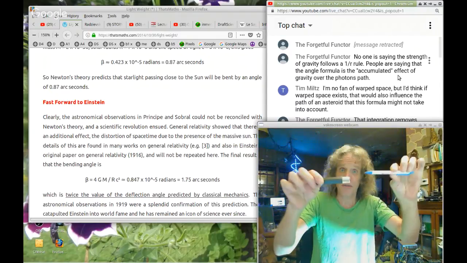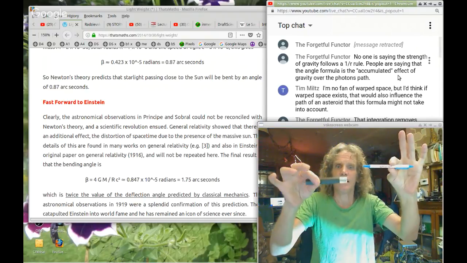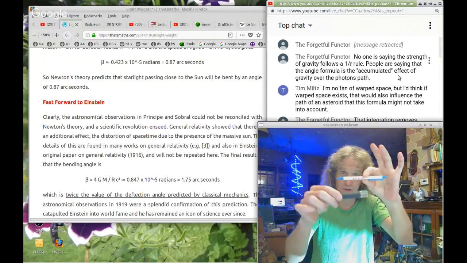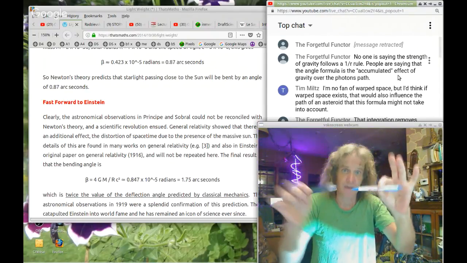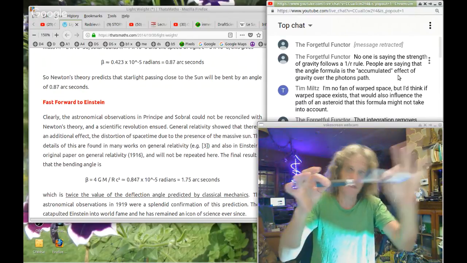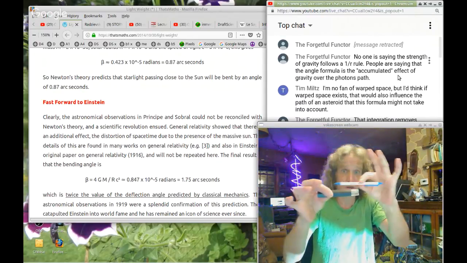So the atoms you hit are going to be moving in the opposite direction to your motion. So when the photon hits the atom, it's already moving towards it.